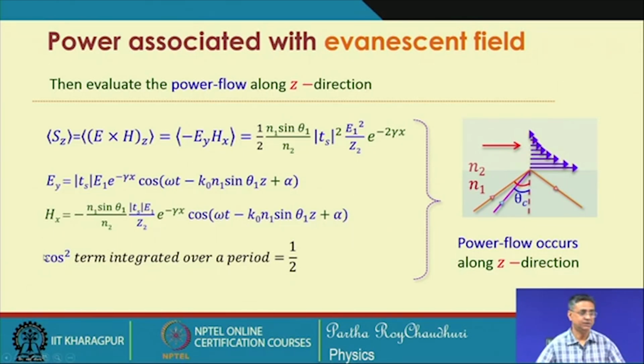So, this evanescent field has the characteristic nature that the field is exponentially decaying as you move away from the interface along the x direction, but there is no net energy flow out of the interface along this direction. The energy flows only along the interface, along the z direction, along this direction.